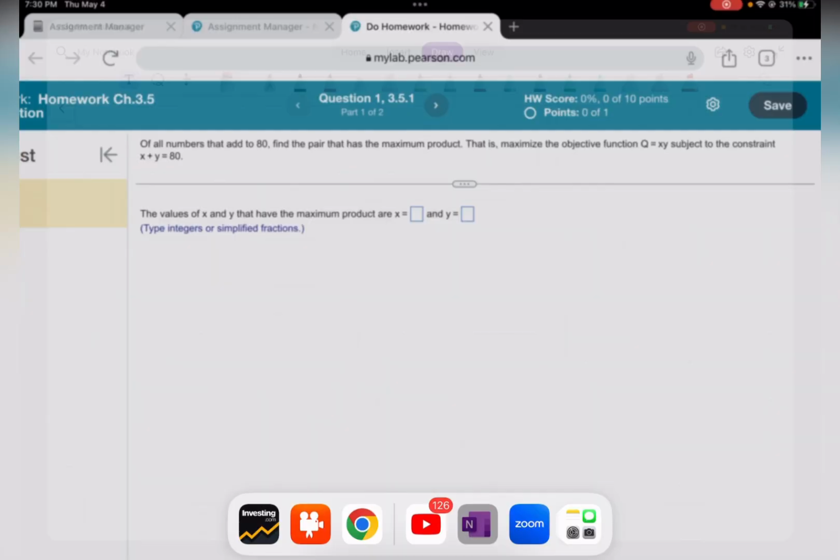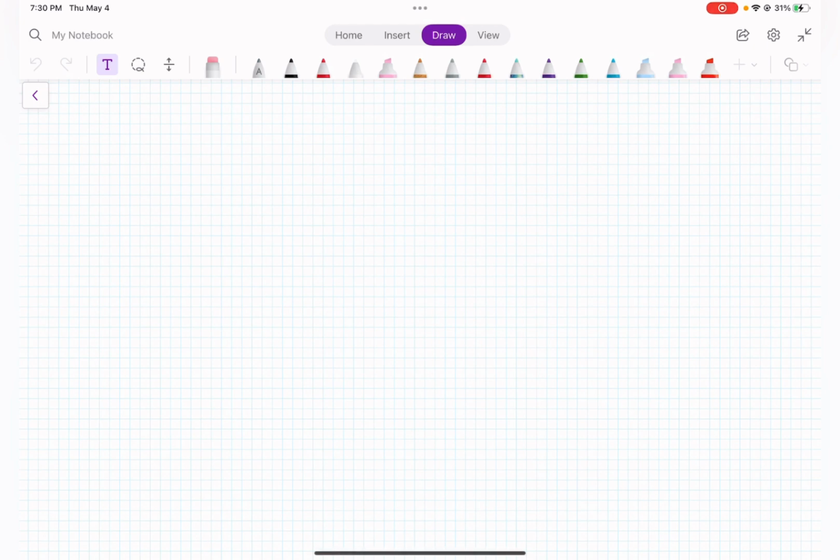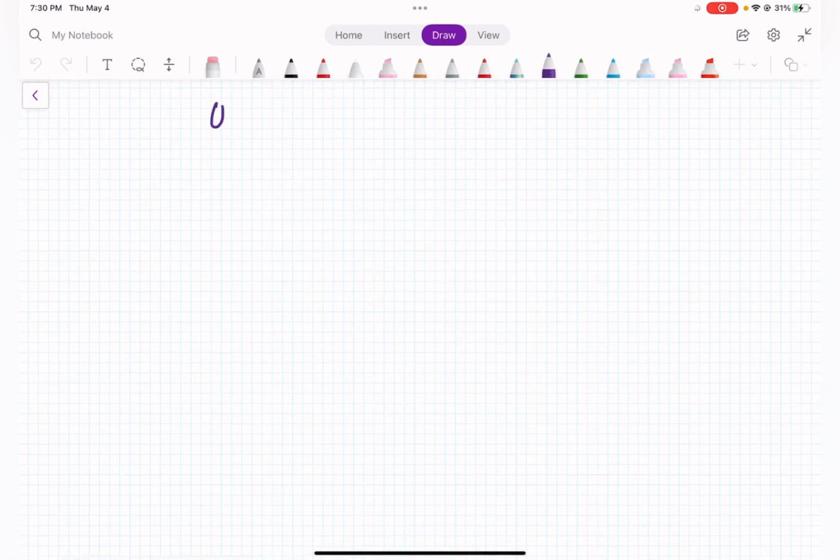So the bottom line is we need to find the maximum of the product, and that product is limited by x plus y equals 80.